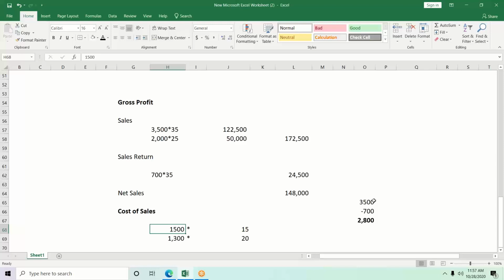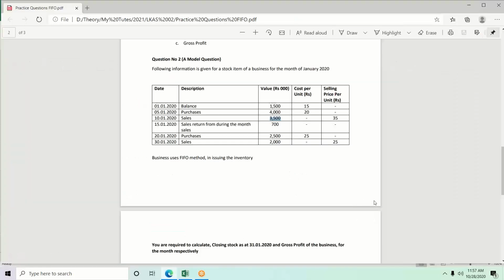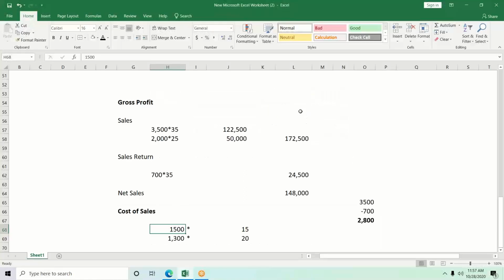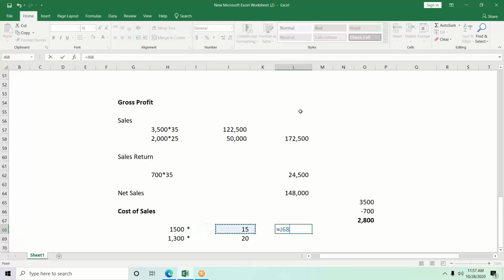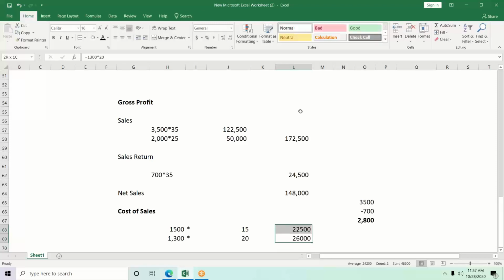Clear? Another 1,300 has been issued. The cost of that, definitely, has been issued at 20. And 1,300 into 20. And how much is the cost of this sales, Putha? You can say 1,500 into 15 and 1,300 into 20, which is 26,500.